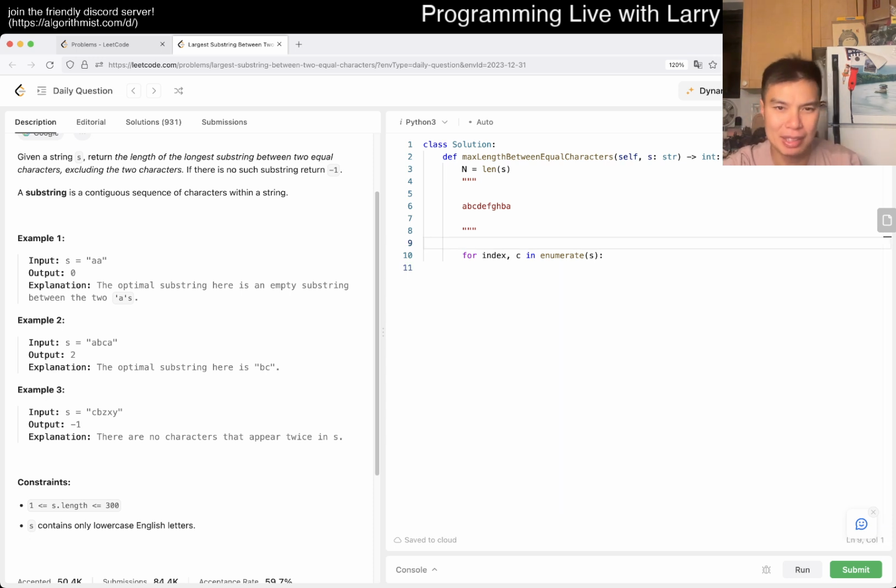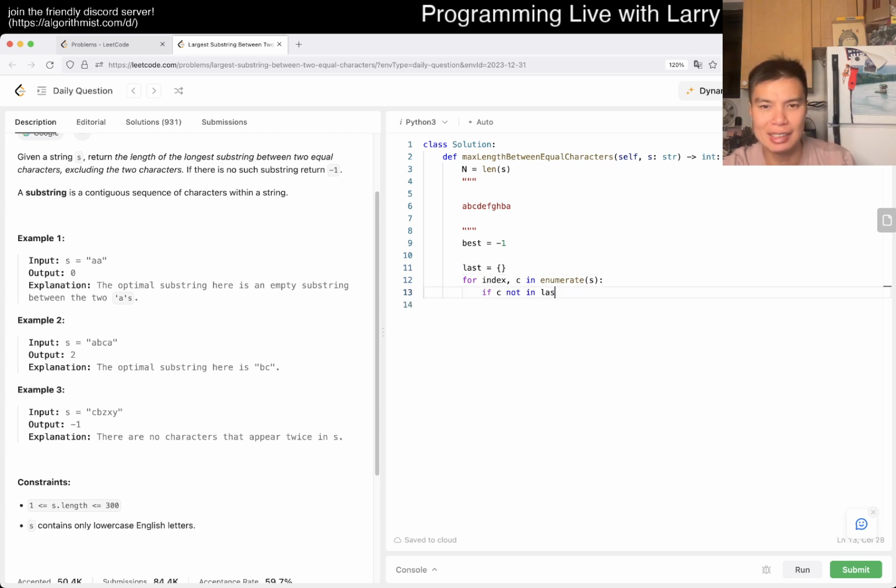So maybe you can have last is equal to an empty dictionary, and a best, which is equal to -1, I guess. And then here, if c is not in last, then last of c is equal to index. And maybe this is the update function, so the update would go probably afterwards, actually.